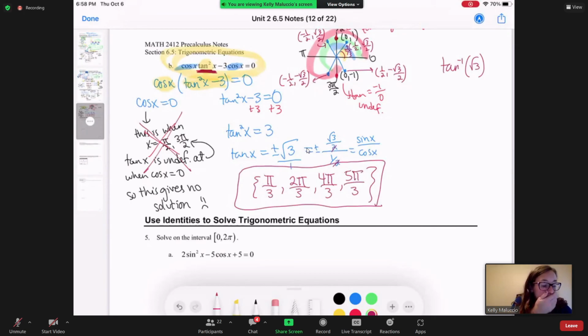And if it's at 60, that's got to be the root 3 over 2 and the 1/2, and not all the other ones, right? So the calculator can be our friend.